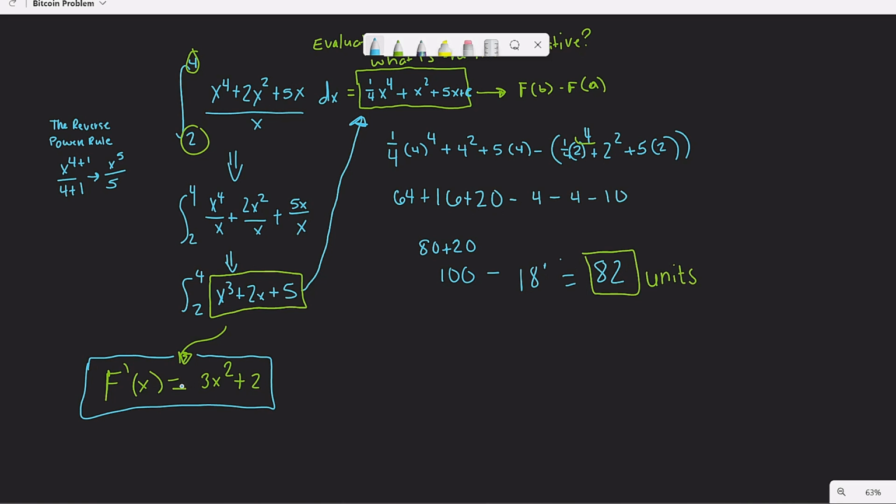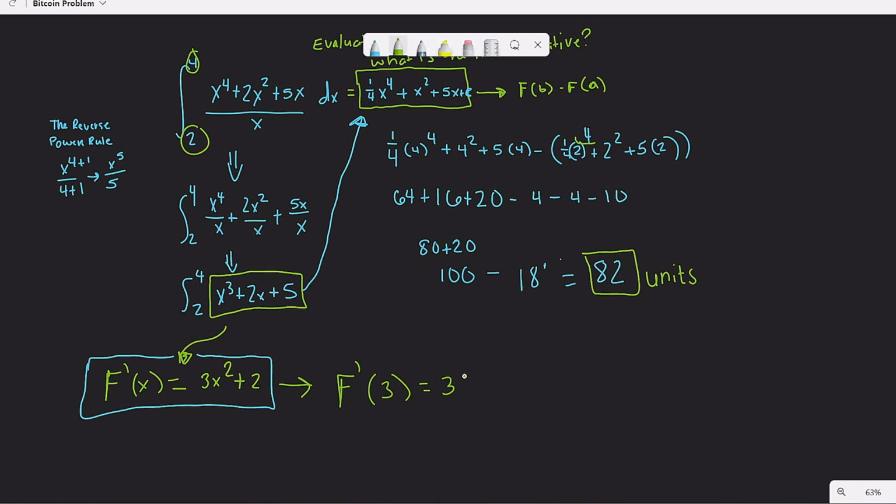And so now we have the instantaneous rate of change of this integral function. And so what if we plugged in a number? Let's say, what is f prime of 3?